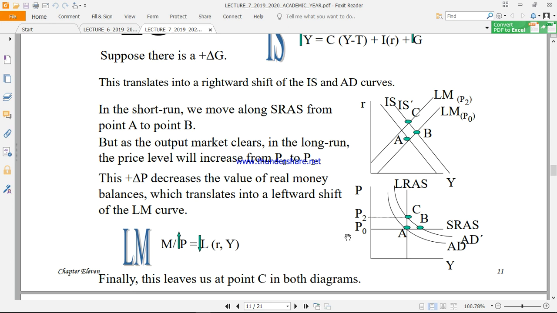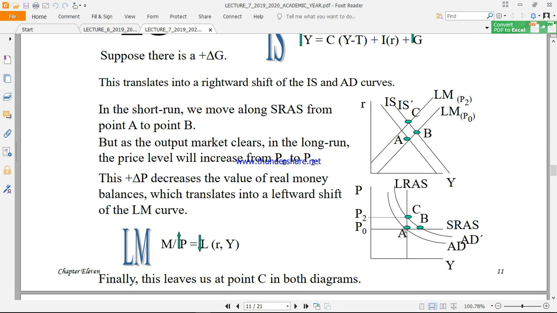Because of the increase in demand, in the long run, the price must adjust, and because of that adjustment, your purchasing power is just going to reduce, which is going to force you back to the natural level of output, along the long run aggregate supply curve.